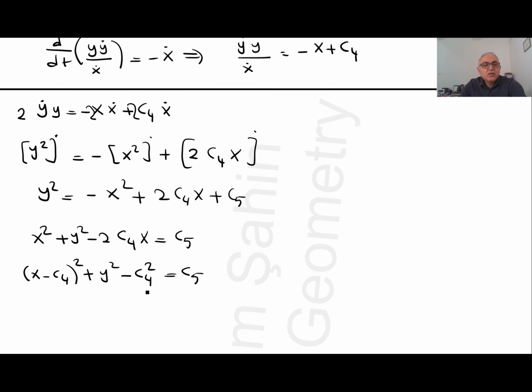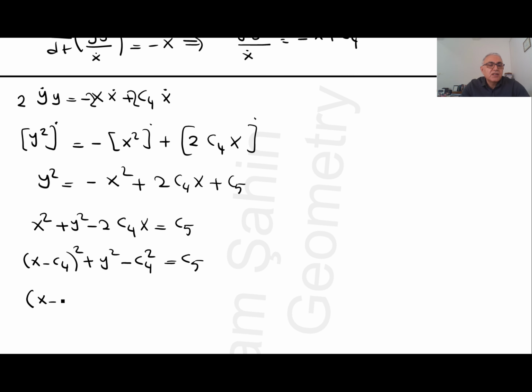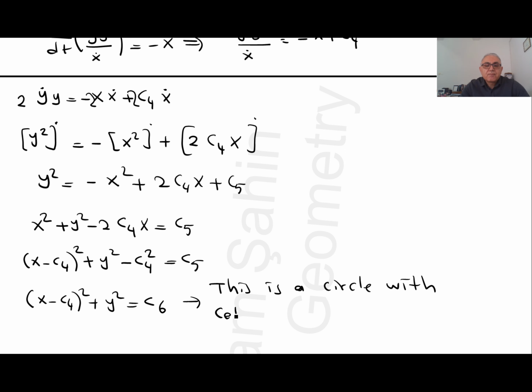So from this we obtain x minus c4 square plus y square equals, let's say c6. So this shows this is a circle with center on the x-axis.